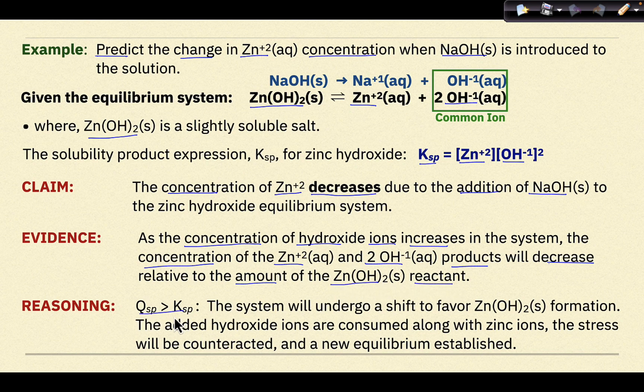Qsp is greater than Ksp. The system will undergo a shift to favor Zn(OH)2 solid formation. The added hydroxide ions are consumed along with the zinc ions. The stress will be counteracted and a new equilibrium is established.